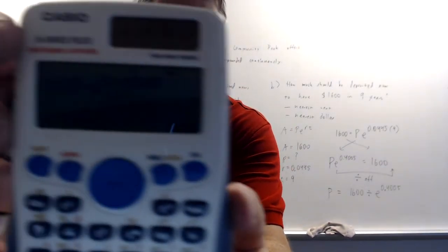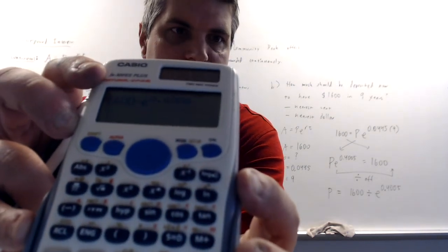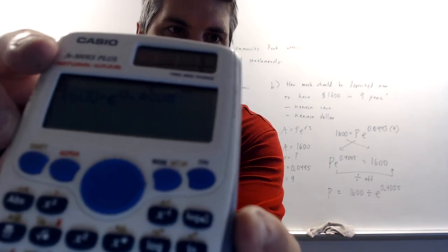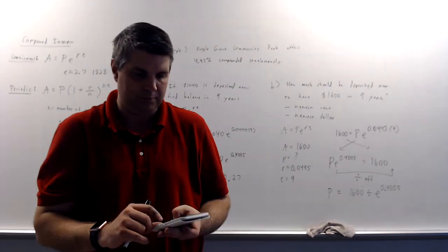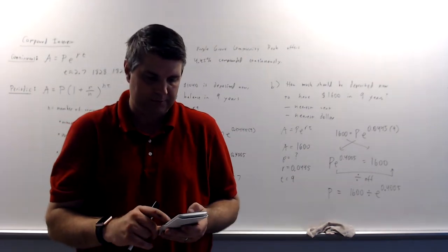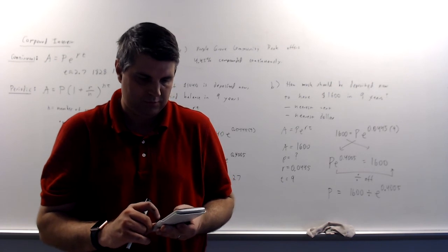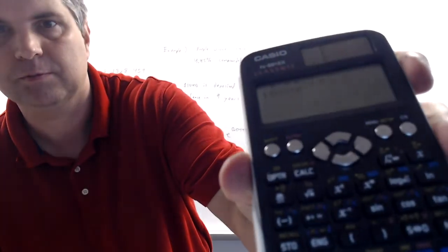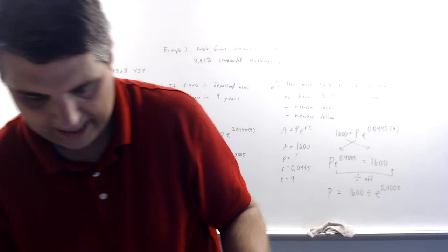I have to darken it because I want the board to be very visibly clear. Maybe this other calculator will be a little clearer. Yeah, that looks better.